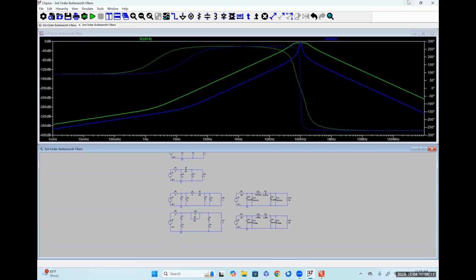We are designing for a specific value of omega naught. Yeah. So our table tells us effectively we could treat this as omega naught is 1 radian per second, and then we're scaling that out to something else. Yep.